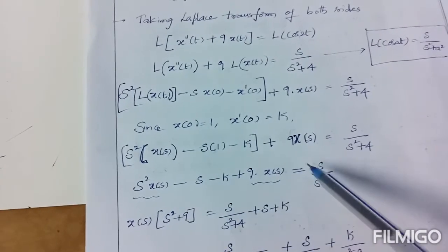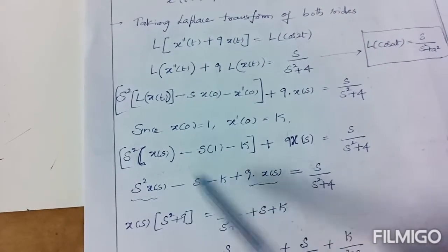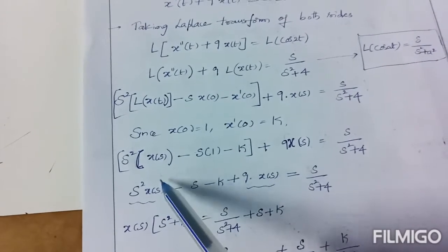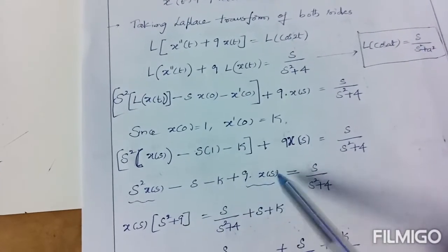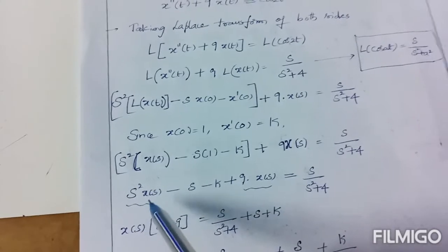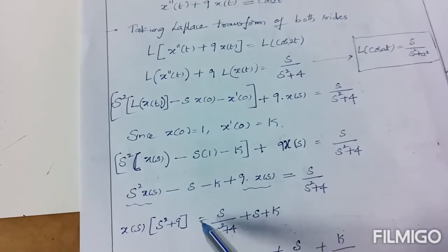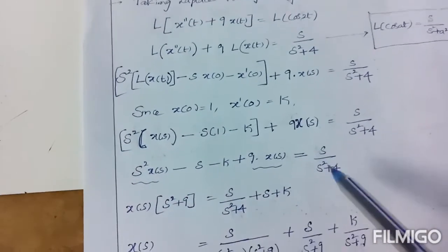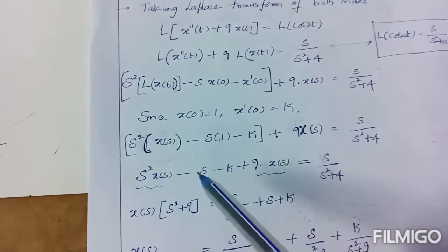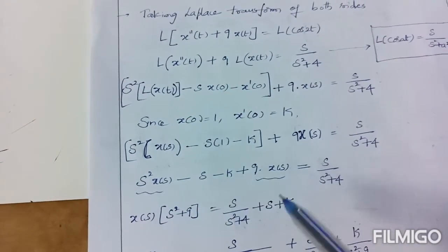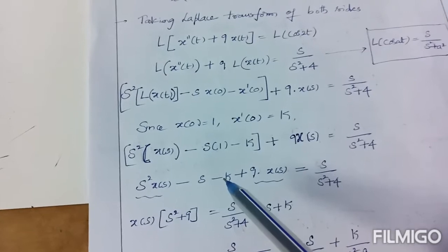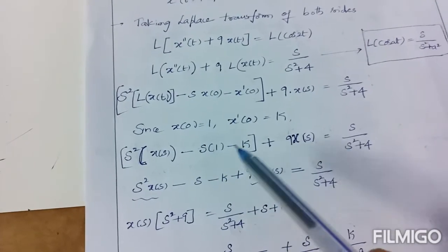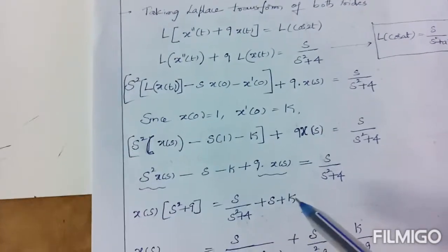Now in this equation, these two terms are related to x of s. From these two, you take out x of s as common. Now s square plus 9 equals, on the right side s by s square plus 4 as it is. Now write minus s on the right side, plus s, and minus k on the right side will change to plus k.